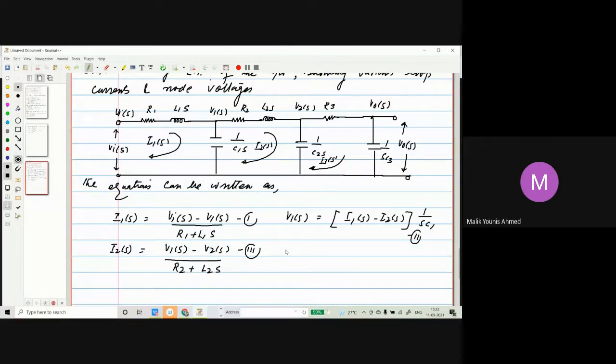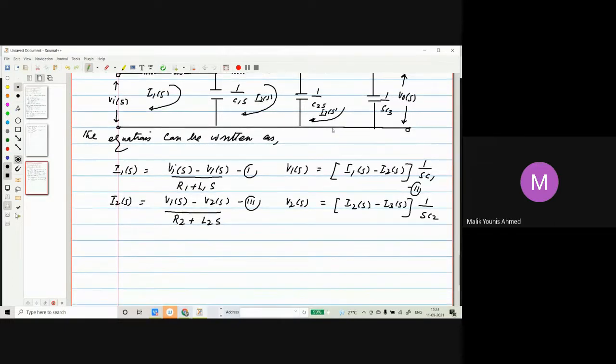Then V2 of S: if I have to find this voltage, that will be I2 of S minus I3 of S. Two currents are flowing, so we take the difference of these two currents multiplied by the impedance, that is SC2.